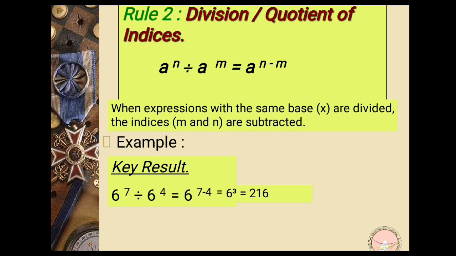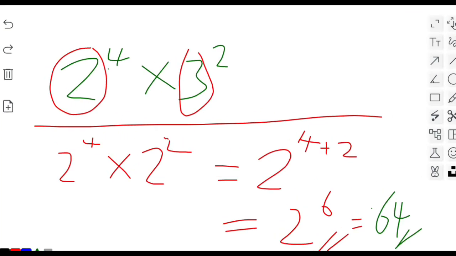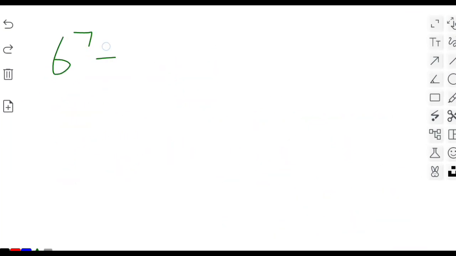Leaving your answer in expanded form, you're going to be having 216. Let's take, for instance, we have 6 raised to the power of 7 divided by 6 raised to the power of 4. What does this imply? This implies that 6 multiplies itself 7 times.